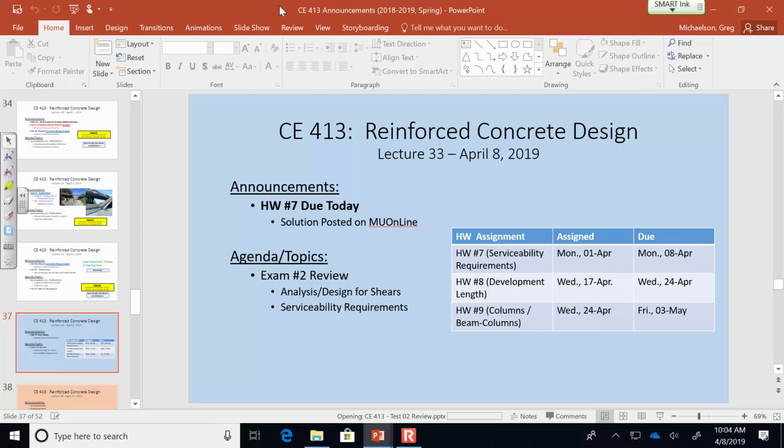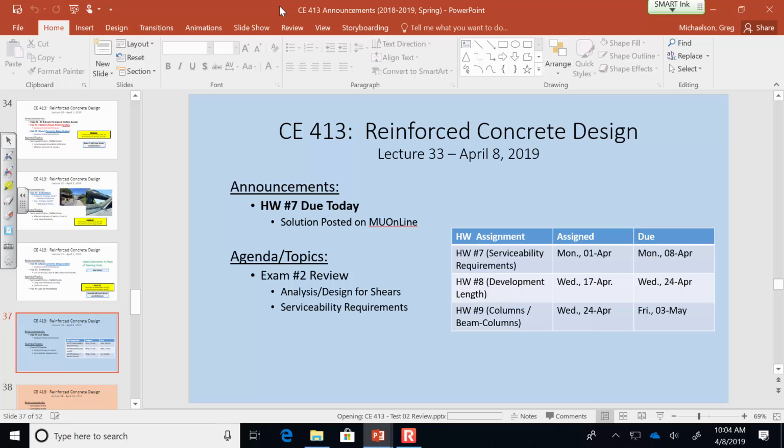First off, if you haven't already done so, I need your homework number 7, because it's due today. I've got a pile of them up there. I'll put this stuff on the board because it's important in terms of scheduling. We have 2 remaining homework assignments this semester.